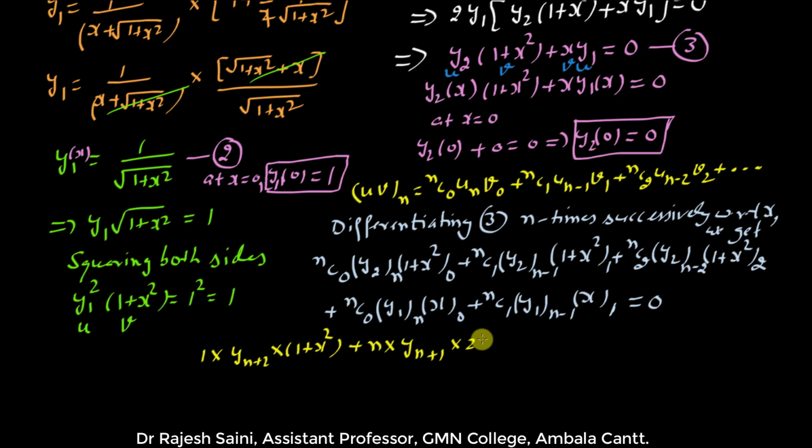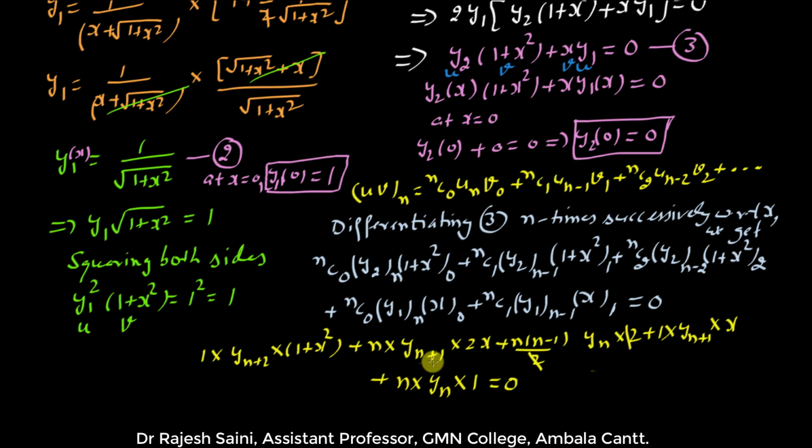First order derivative of 1 plus x square is 2x, plus n(n minus 1) by 2, this is yn into second order derivative, which is 2, plus this is 1 y(n+1) into x, plus n into yn into first order derivative of x is equal to 0. This 2 and 2 will cancel out.